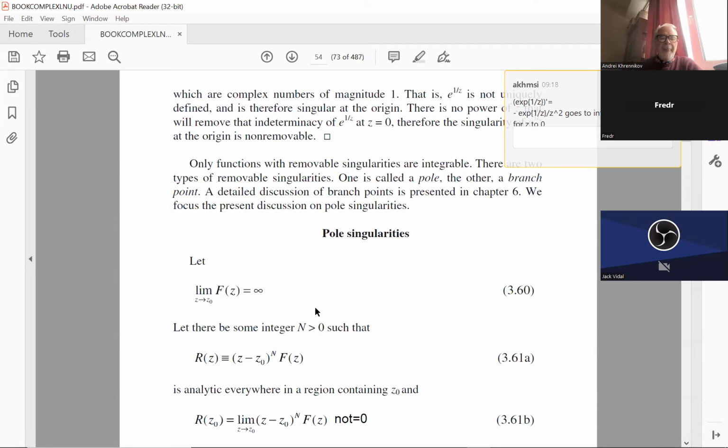Pole singularity. Suppose that the function by itself goes to infinity at the point when z goes to z0. For example, the function 1 over z.